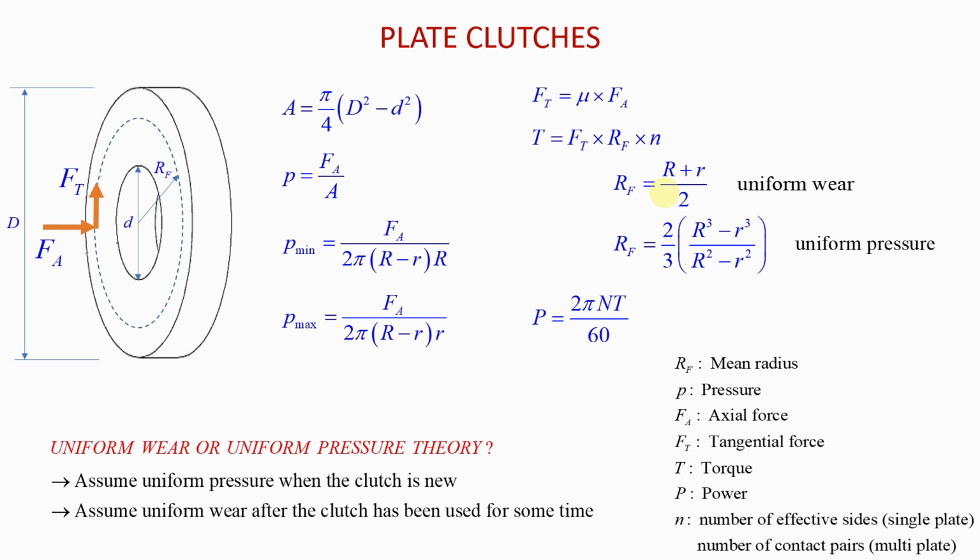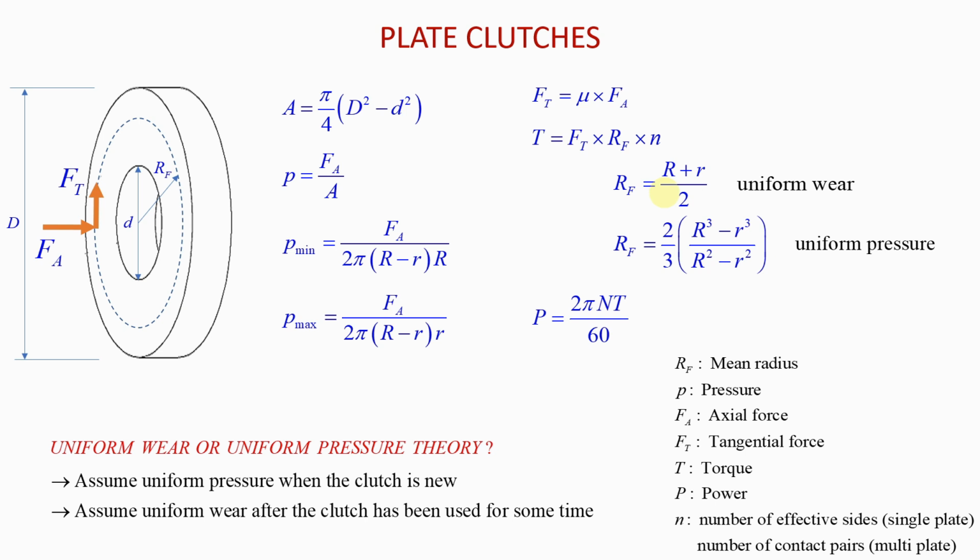So it is still new, so you cannot use uniform wear for a new clutch. And sometimes you can get a question where they ask you to design a clutch, and when you are designing something, you can assume that you're making a new design. So it hasn't worn off yet, and therefore you will use uniform pressure theory when you're dealing with a design or a new clutch. But if you're dealing with a clutch that has been used for some time, then you can say, okay, it has had the time to begin to wear off.